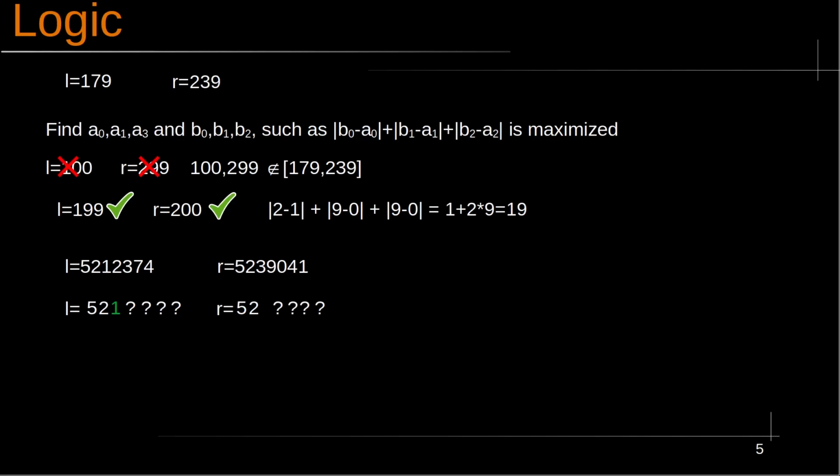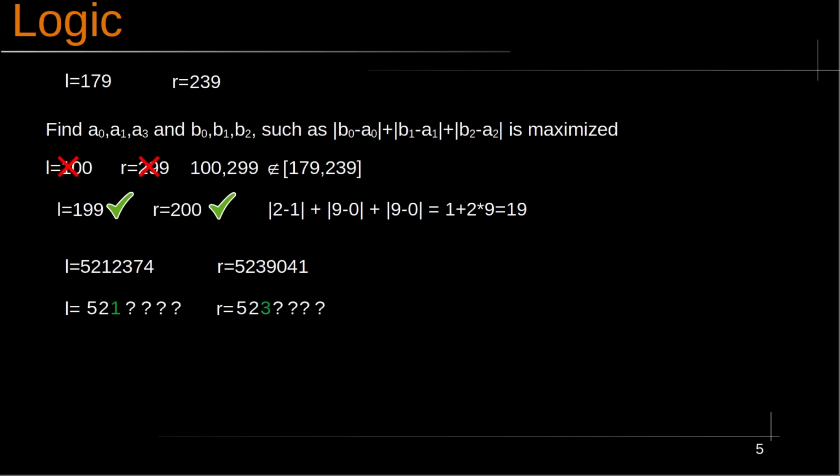Okay. Can we put 2? Yes, but the sum is not maximized because 2 minus 1 is equal to 1. Can we put 3? Yes, it will be in range, and it also will be maximized: 3 minus 1 is equal to 2. Can we put 4? No, because the number will be out of range. So the number must be 3.